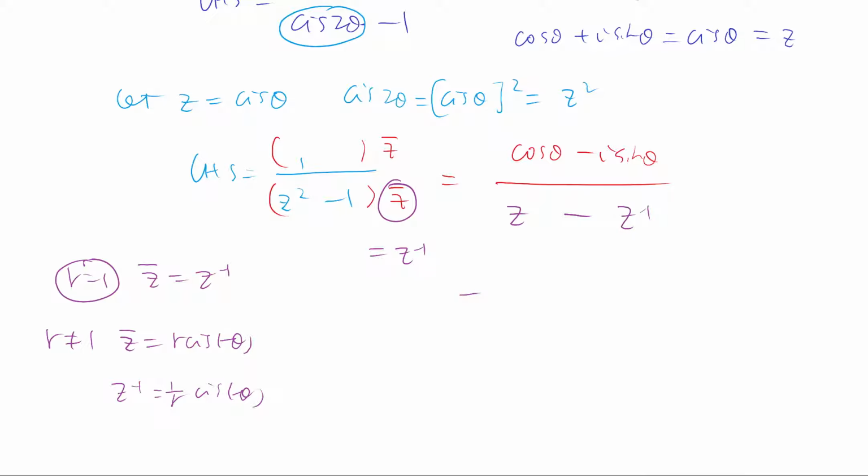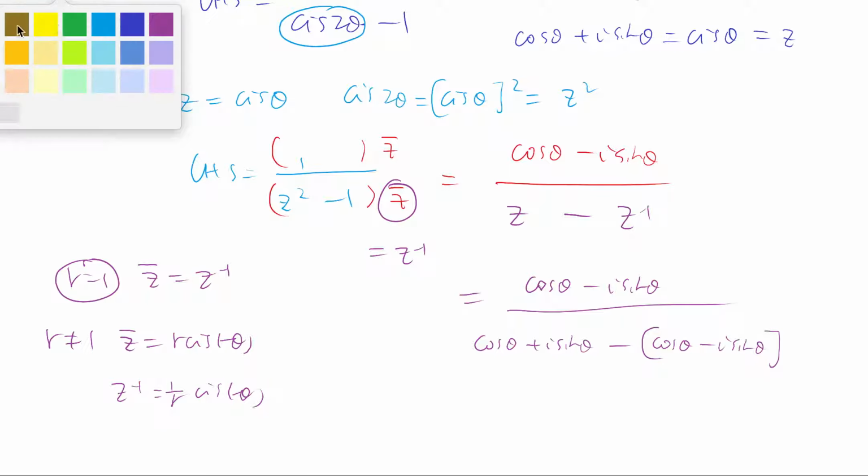So we have cos theta minus i sin theta on top, and then z is cos theta plus i sin theta minus z inverse, which is cis minus theta, again cos theta minus i sin theta, right?